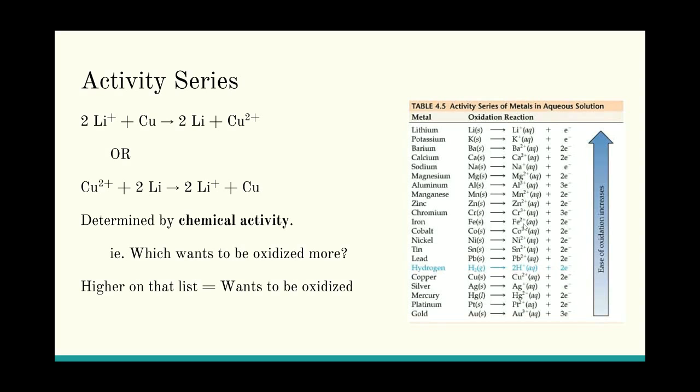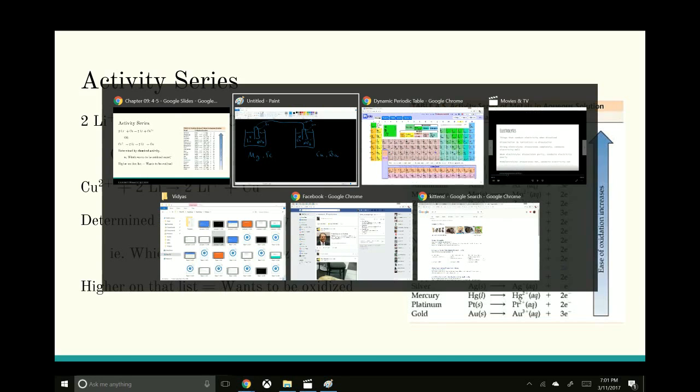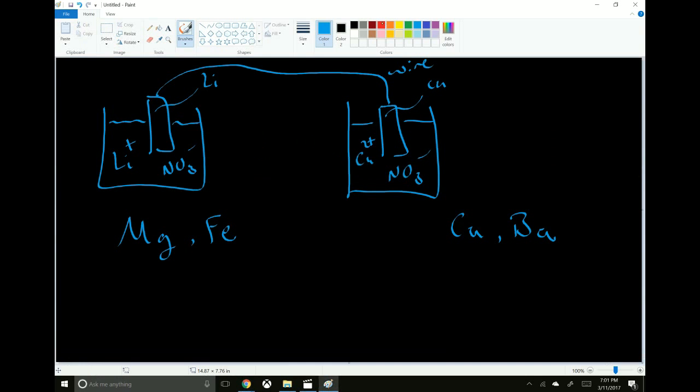And you can even get the activity of iron going from 2 plus to 3 plus. So be careful that you're looking at the correct spot on the list. So that means magnesium is higher, so magnesium is going to be oxidized, iron is going to be reduced. And so it's going to be magnesium plus iron 2 plus goes to magnesium 2 plus plus iron.